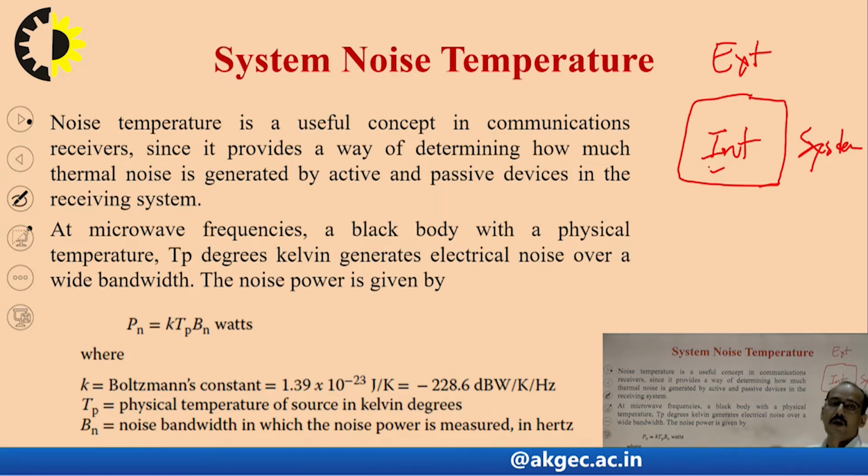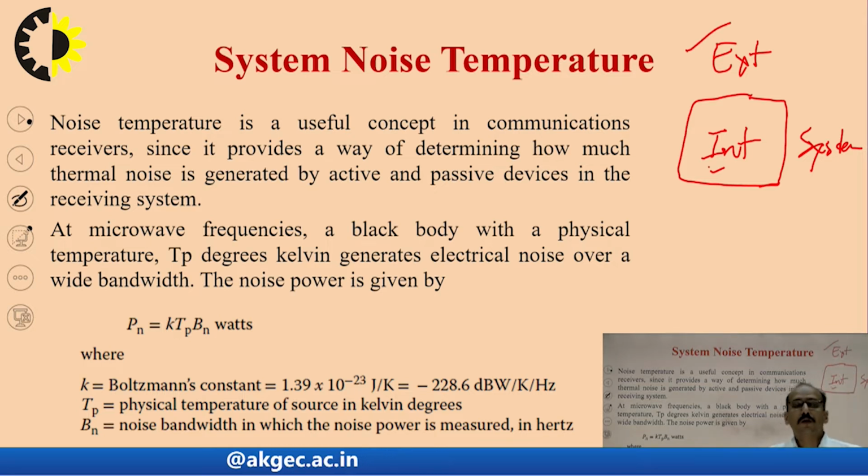Industrial noise and atmospheric noise are all considered external noise sources. System noise temperature is a crucial consideration in designing a system, because due to the introduction of noise, the system temperature is increased; that temperature is generated by the system noise.